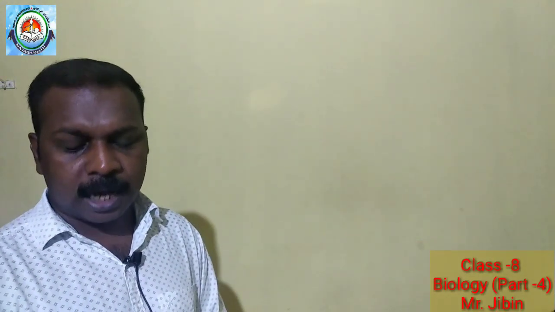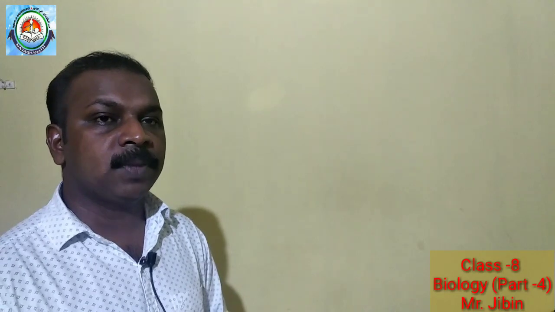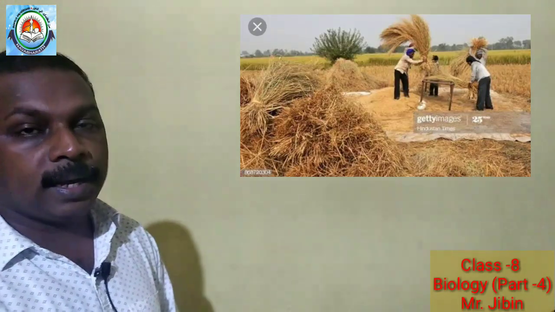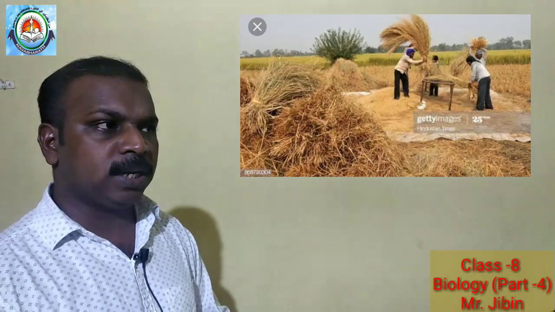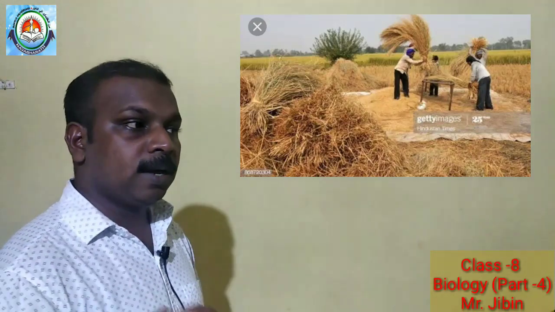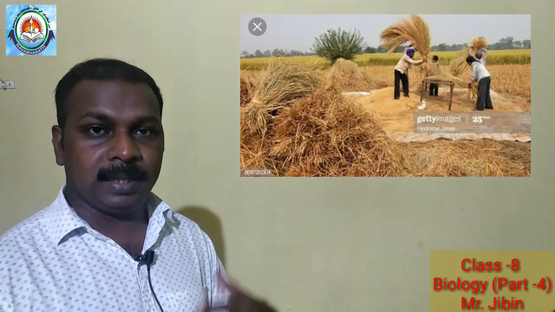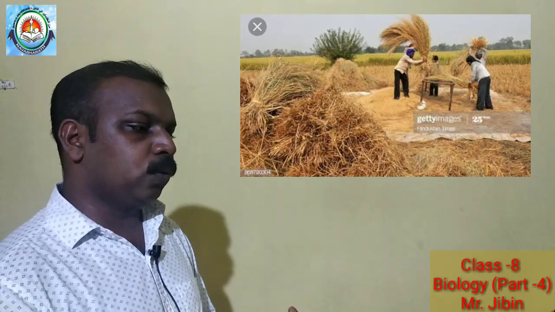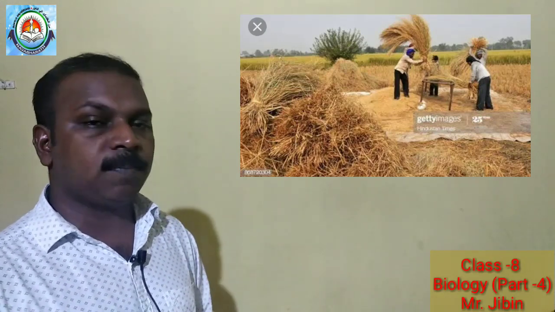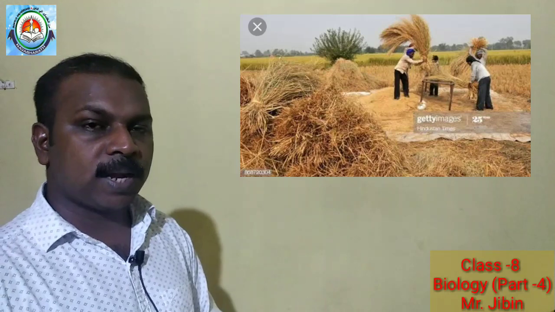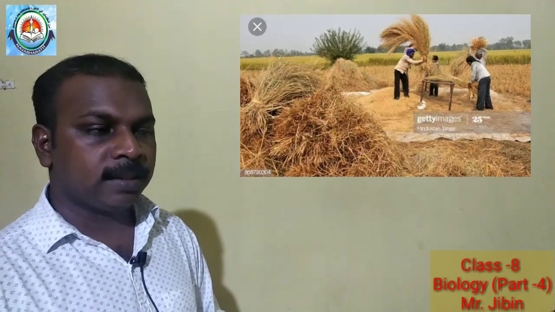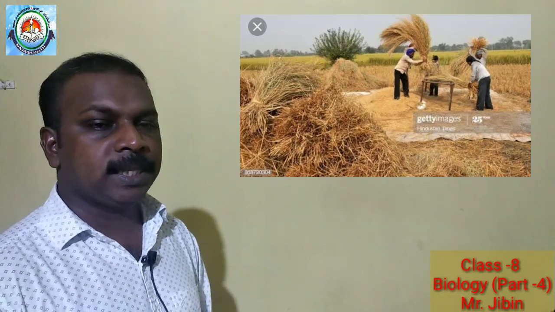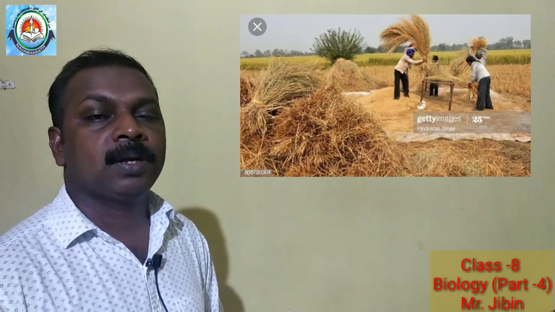So after harvesting, what is the next step? The next step is threshing. Threshing means, in the case of wheat or paddy or grains, in the case of such cereals, after harvesting, these cereal plants are collected, rice plants are collected, wheat plants are collected. Then they bring them to another place and thresh these plants.